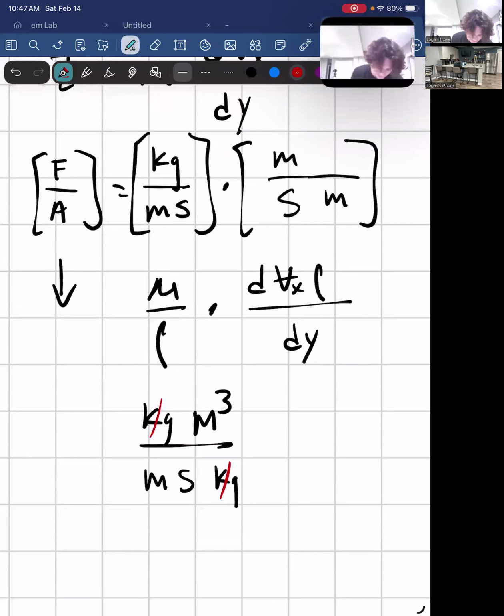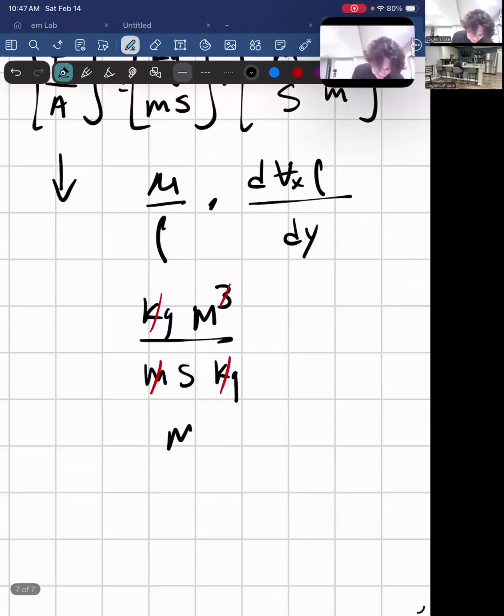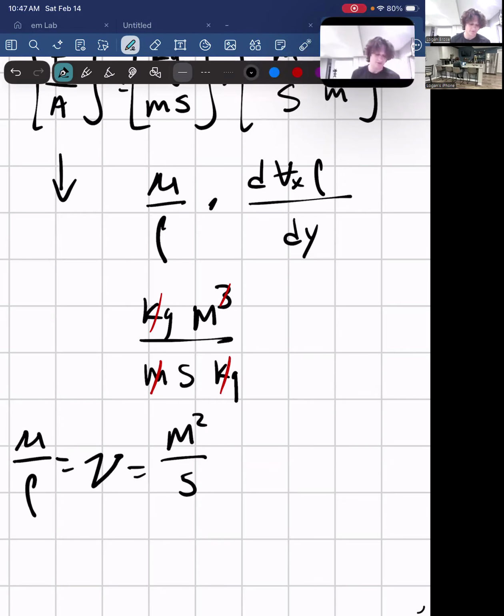We cancel out kilograms, we cancel out one of the meters, and we are back at this meters squared per second term. And so this viscosity over density, this is our kinematic viscosity, which is our diffusivity term for momentum.